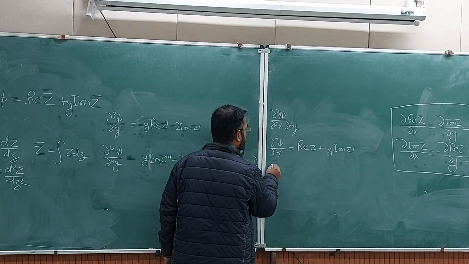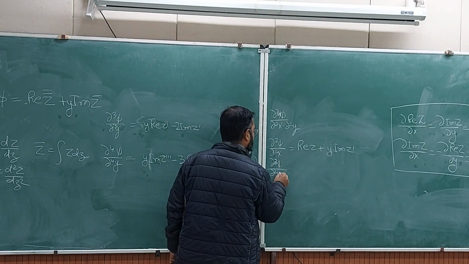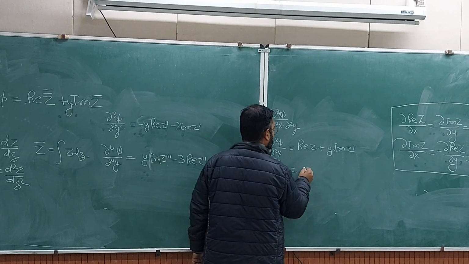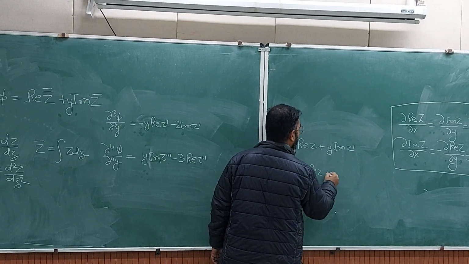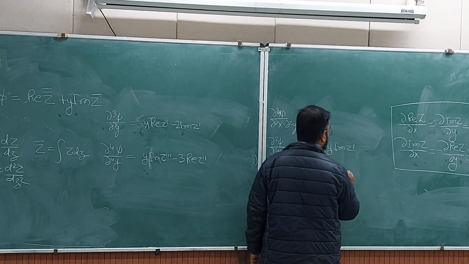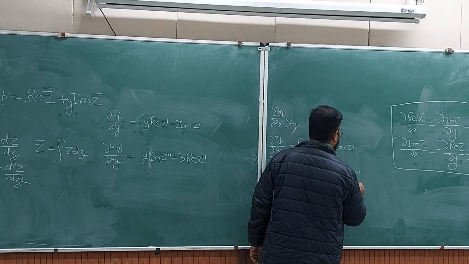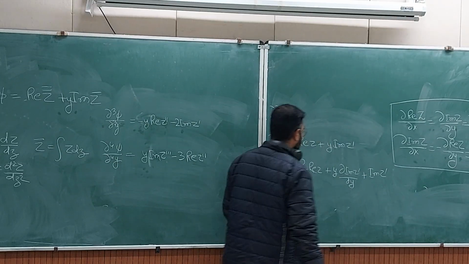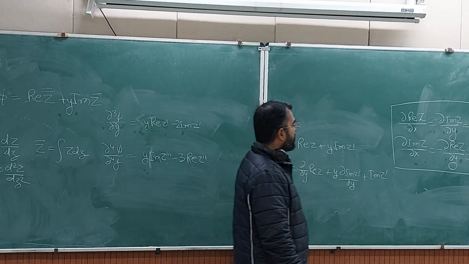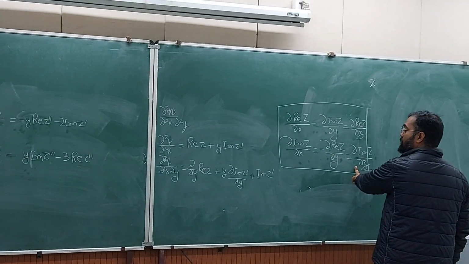Okay. So now you have to do del 3 phi by del y. So that will be del y of real part of z plus y del imaginary part of z dash by del y plus imaginary part of z dash. So del y of real part of this is negative of del z of imaginary part.